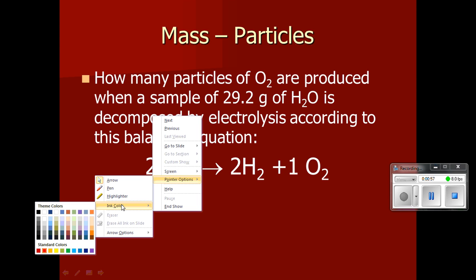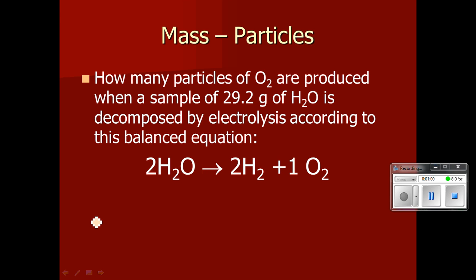So go ahead and take out your stoichiometry map if you don't have it already out. Let's try to figure out what we know. We know that we have 29.2 grams of H2O, and we're trying to find particles.